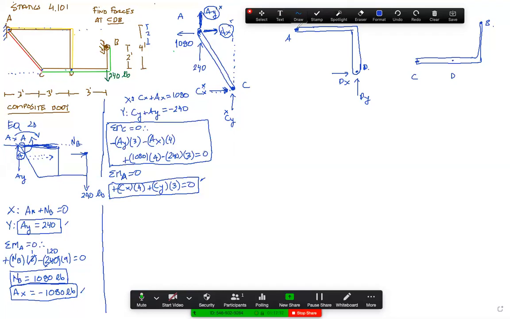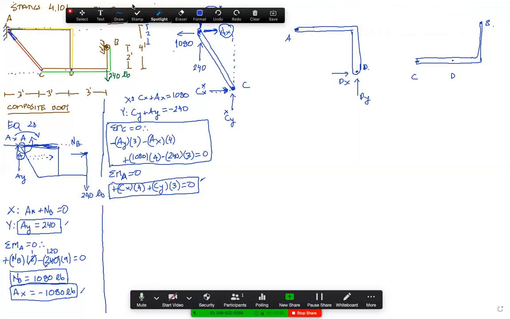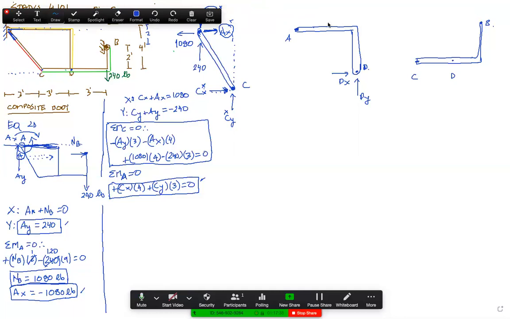And maybe because I have two bars pinned to the wall, the wall can do something of its own in order to pull or to push more. So what I'm going to do is just make a possibility.